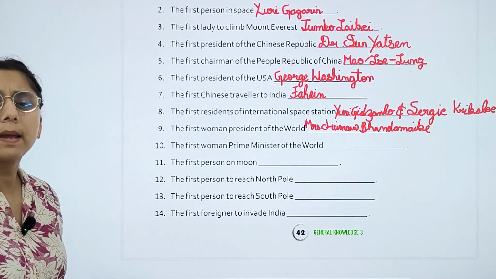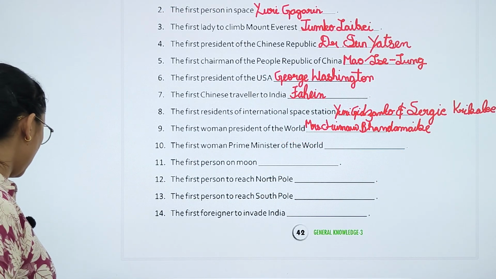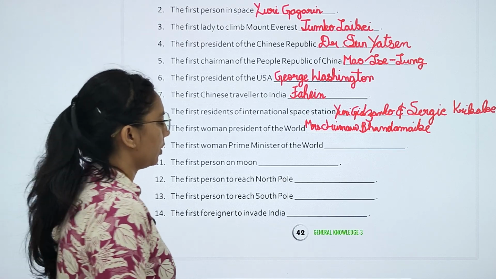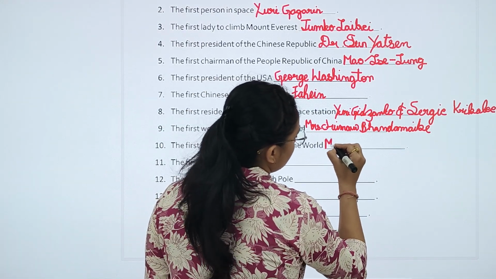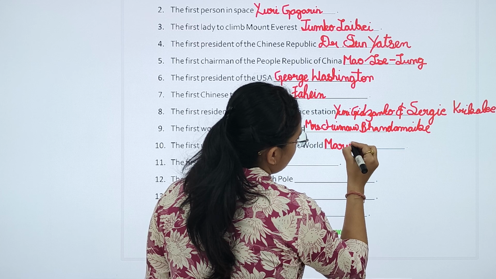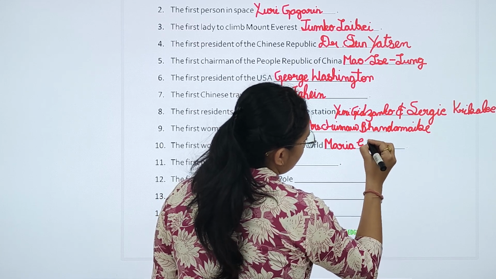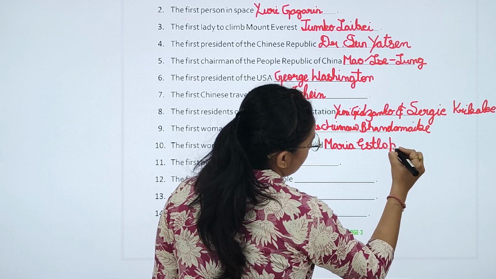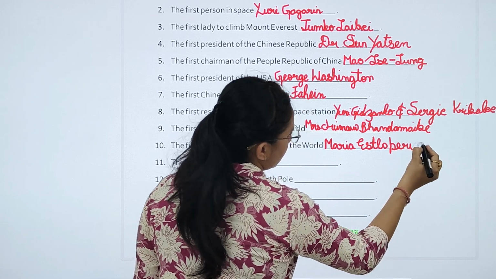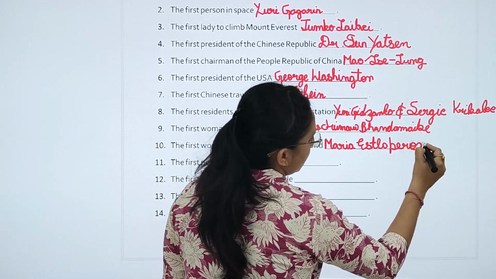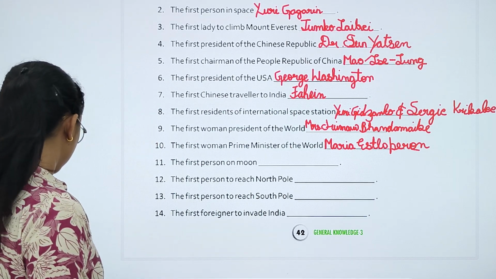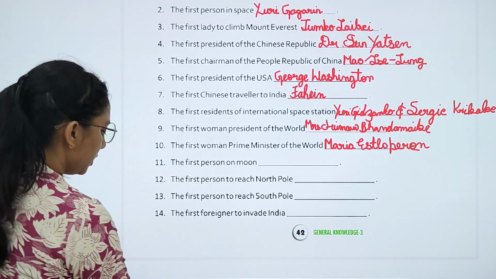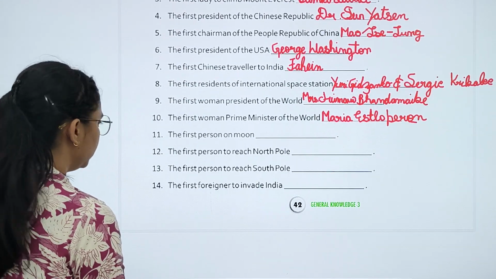The first woman prime minister of the world, that is Maria Estela Peron. First person on the moon, that is Neil Armstrong.